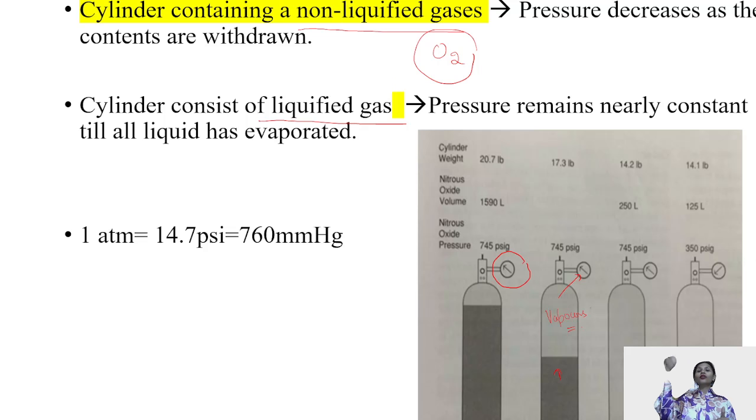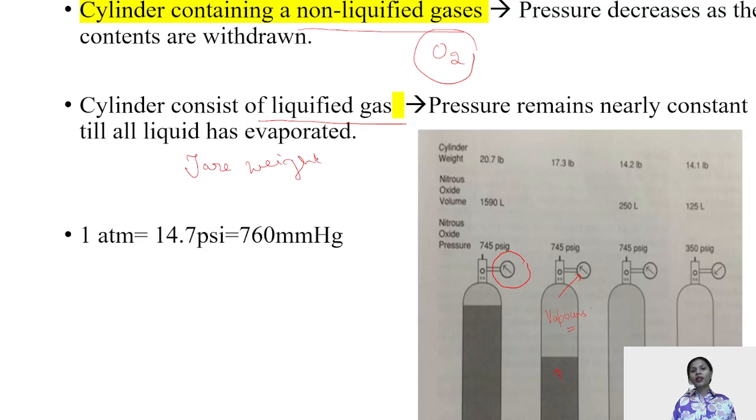So your pressure gauge is always going to show you the same reading until your liquid has got over. Thus, your pressure nearly remains constant till all the liquid has evaporated, and when it eventually falls, there is no liquid left in the cylinder. So, for liquefied gases, what we use for checking is the tare weight.